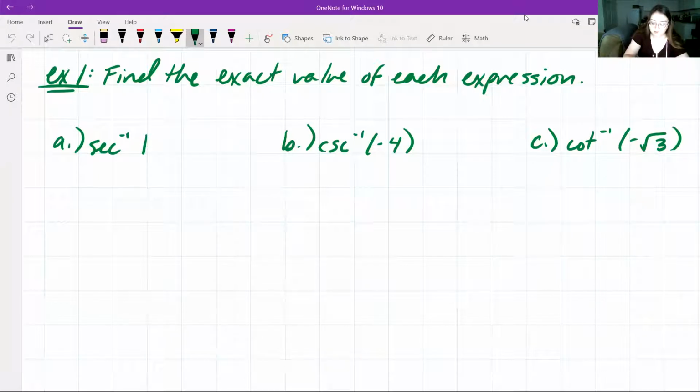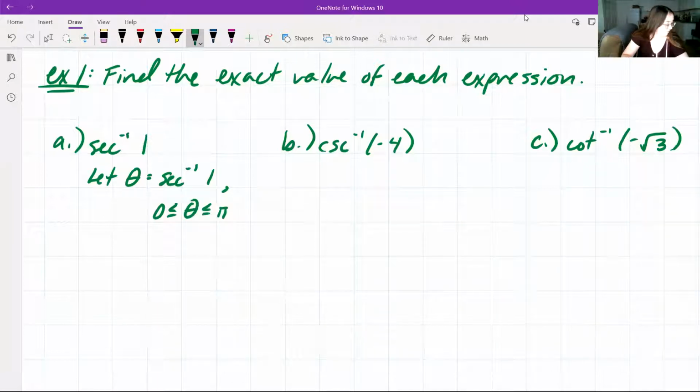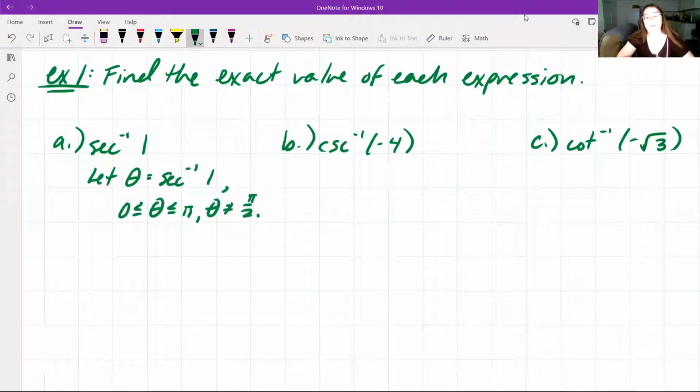We have secant inverse of 1, so we're going to let theta equal secant inverse of 1 for theta between 0 and pi, where theta does not include pi over 2.